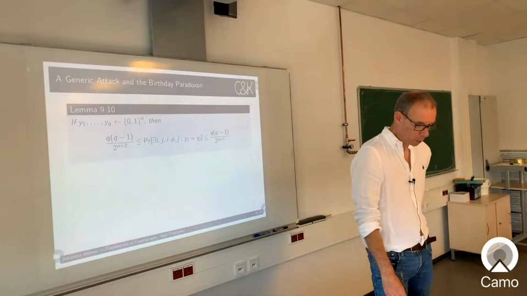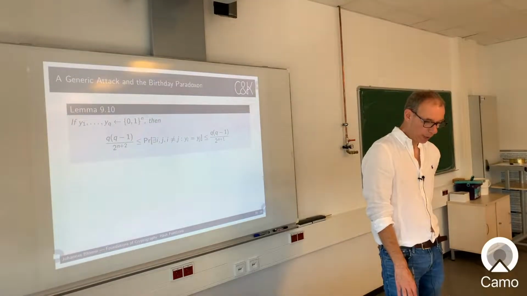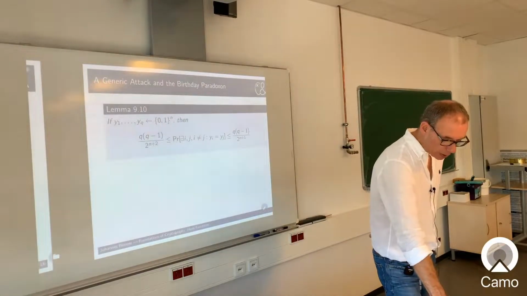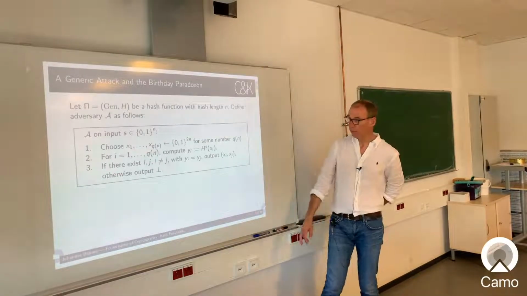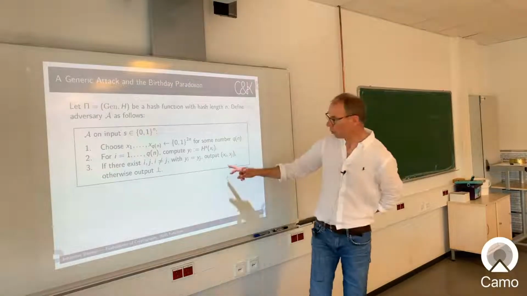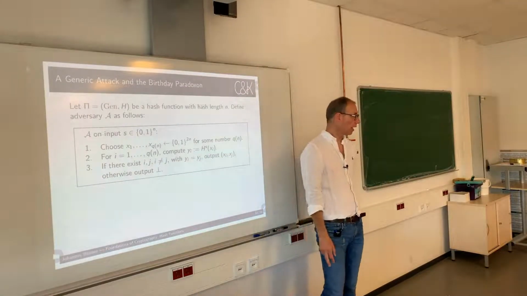And what we can show is the following. So I will mostly concentrate on the probability that there are two such things where yi is equal to yj.